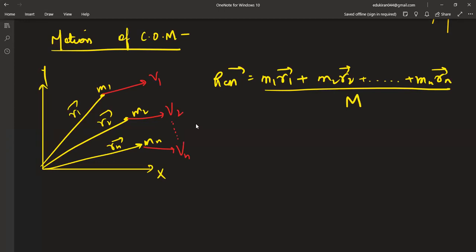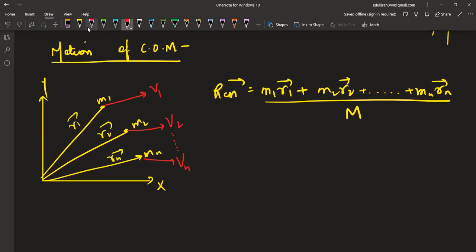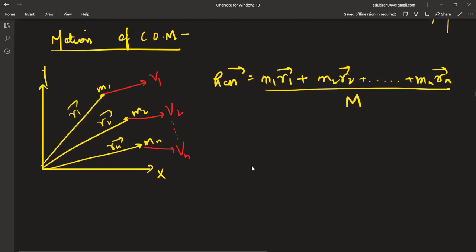So how will you obtain velocity? If you have displacement, the law we use to get velocity is simply differentiation. Rate of change of displacement is actually velocity. So if I have the position vector of center of mass, velocity of center of mass will be simply the rate of change of it.